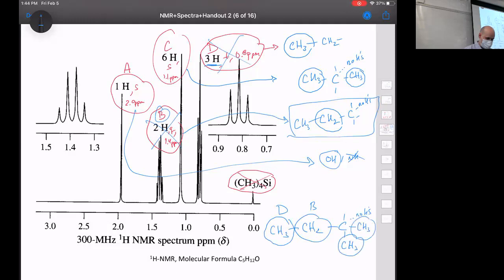And those are both my environment C, because that was 2 CH3s attached to a carbon with no H's. And then the only thing I have left is a bond to something, and I don't really know what that something is besides that it's not a hydrogen. Well, the only thing left unaccounted for is this OH. So that OH must just be right here.